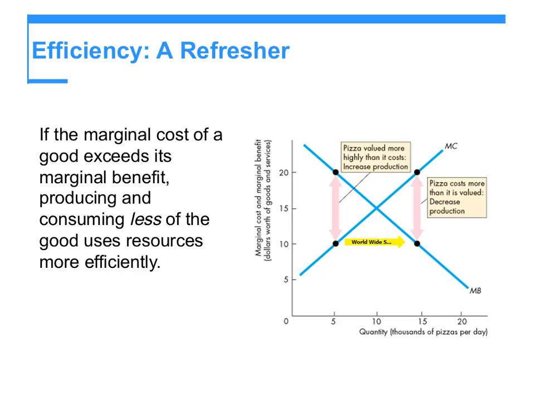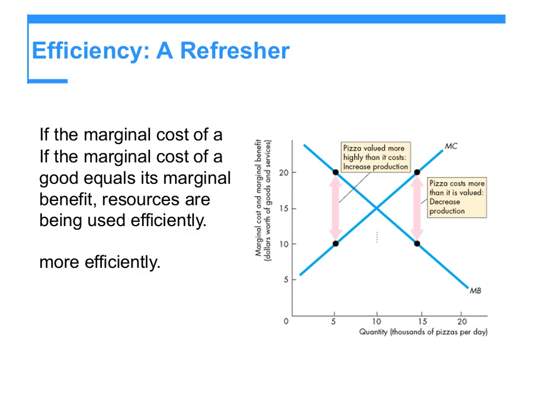It's better to decrease your production to the point that people's value from consuming each more pizza is actually equivalent to the marginal cost of making any of these pizzas. That is the point that we're talking about. So if the marginal cost of a good exceeds its marginal benefit, producing and consuming less of that good uses resources more efficiently. This is what I just explained for you.